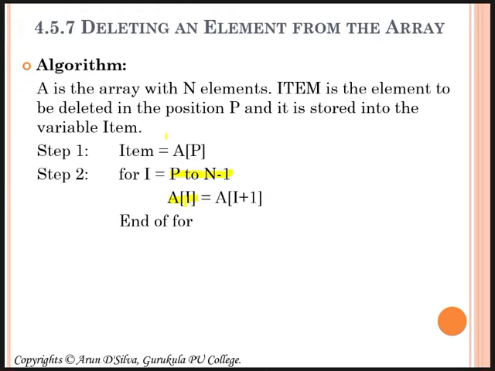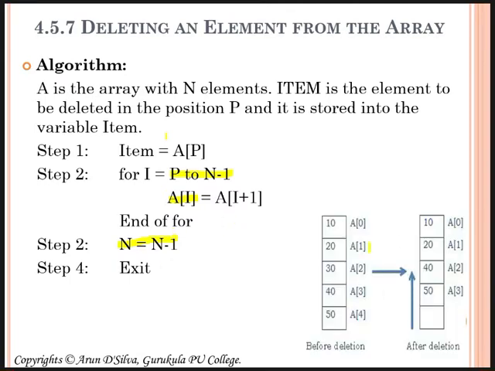In the current location you place the next location value. This process you repeat until n minus 1. And then what do you have to do? Decrease one element, because one element is deleted, no? So n becomes n minus 1. Exit. That's very simple.